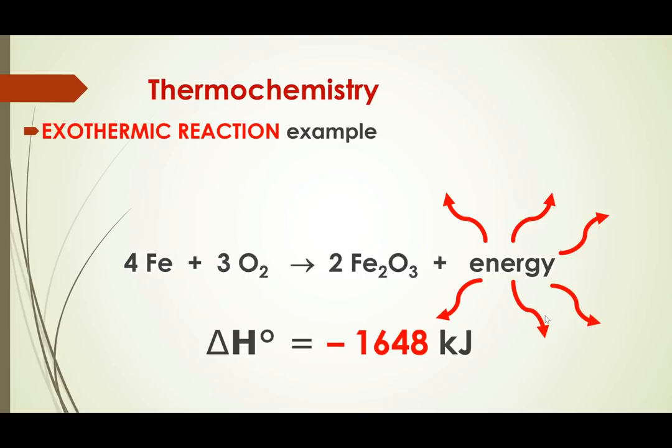So you can see the arrows showing the energy being released from this system, and the negative sign on our value showing us that it's a release of 1,648 kilojoules from the system. It's being lost by the atoms, by the bonds, and released outward.